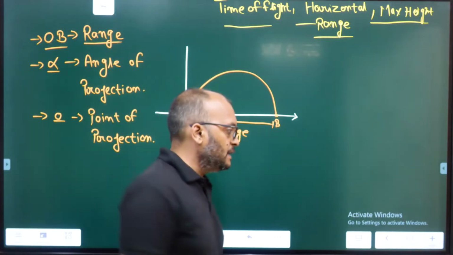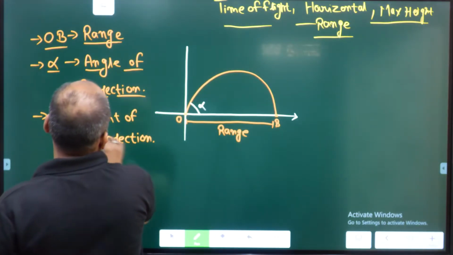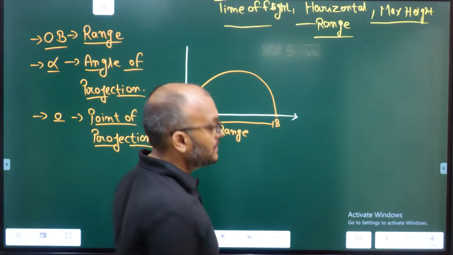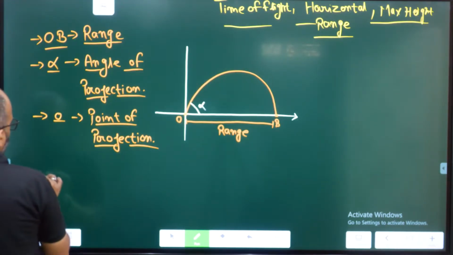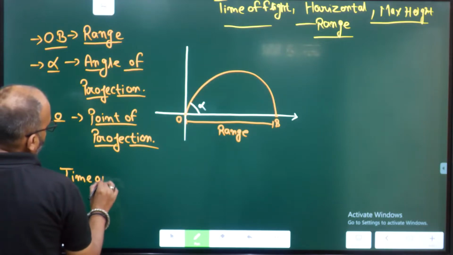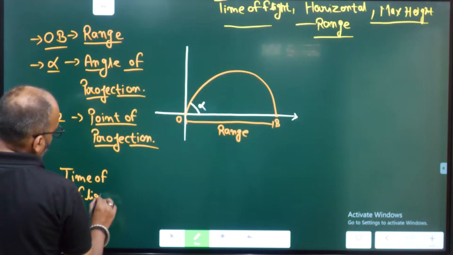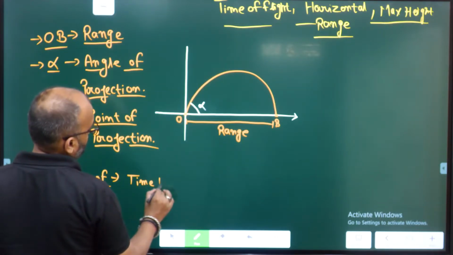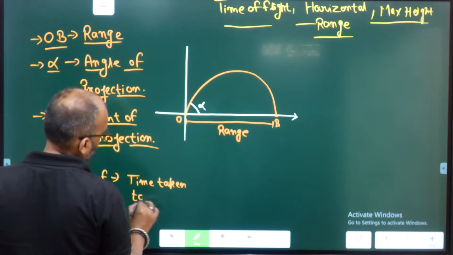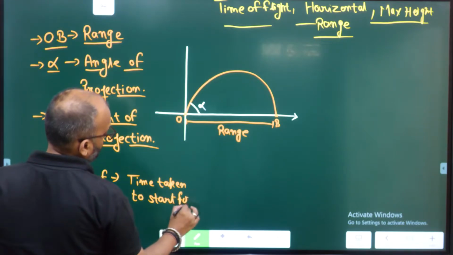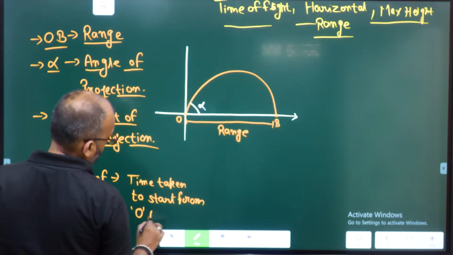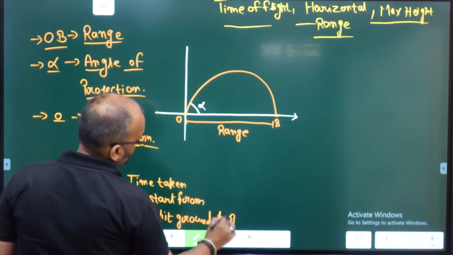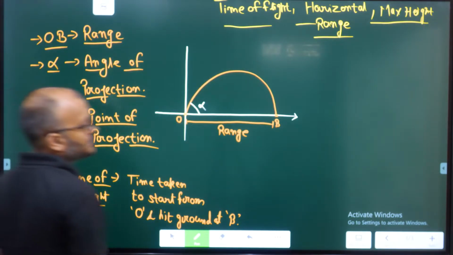Time taken by this projectile to start from the point O and hit at point B, the entire time taken, this is known as time of flight. Yes? Note it down.